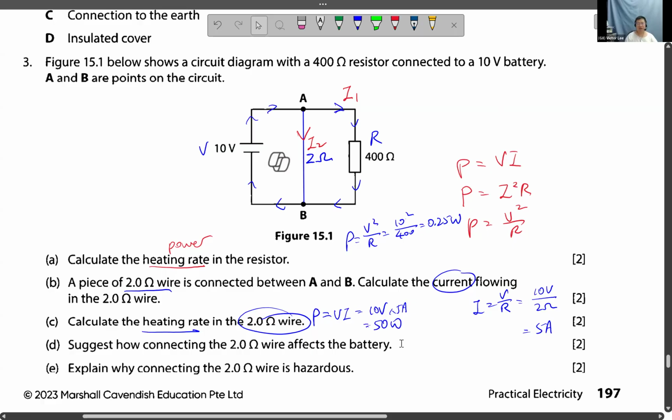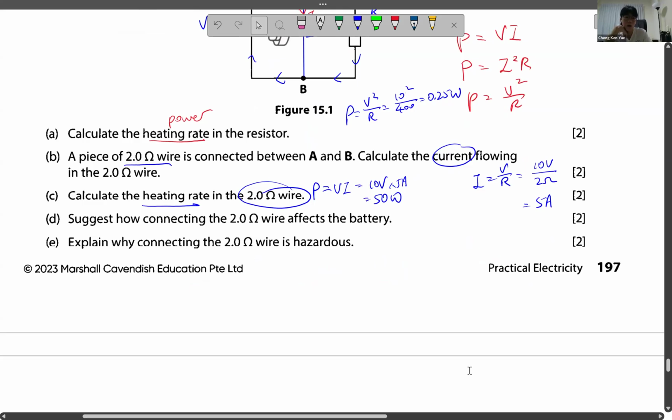The 2 ohm wire has very low resistance, so very high current means the battery will drain off very easily. The other effect is that it heats up the wire, which may cause an electric fire. Overheating produces electric fire.